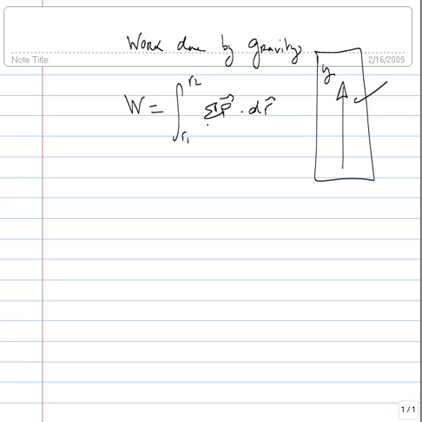So in this case, we're dealing with a force due to gravity, so this resumes to minus mg j, because you know that the force due to gravity is in this direction.